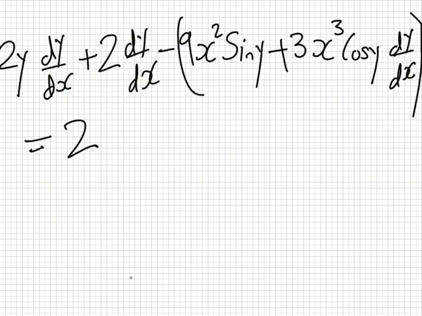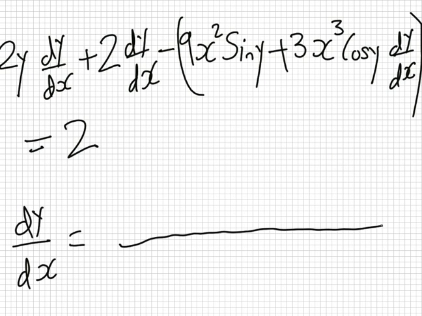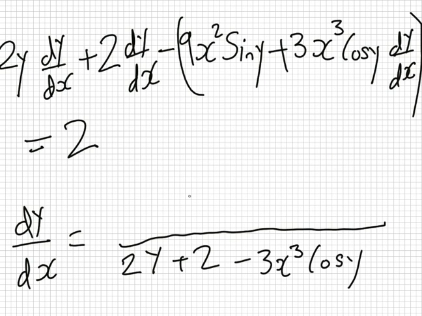So what do we do next? We have to rearrange it to get dy dx, which is the m. We can do this in one line if we're smart. 2y plus 2 minus 3x cubed cos y, equals 9x squared sine y plus 2.